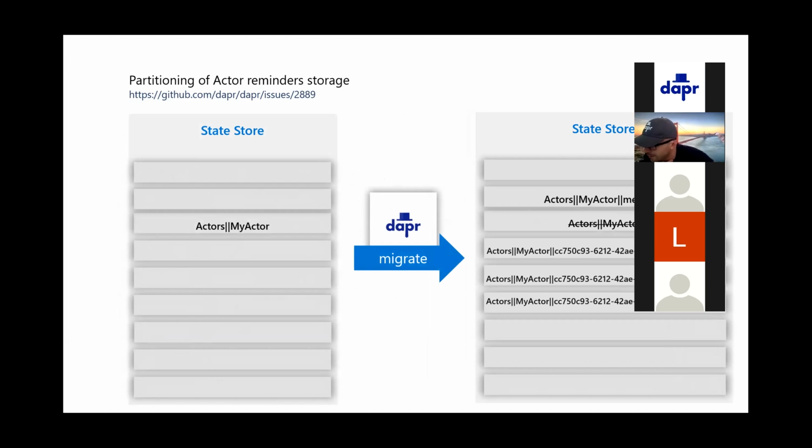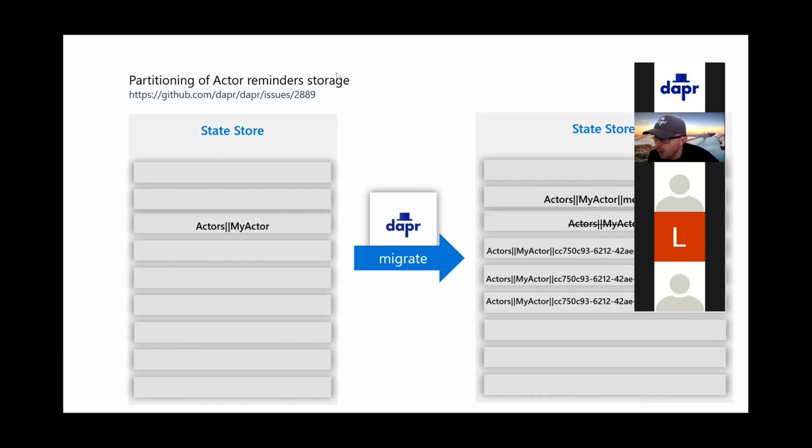So how do we fix that? We implemented in the sidecar for 1.3 a feature that will automatically migrate the existing solution into what I would call a scalable solution. I'm going to go into detail in the next slide, but if you enable this, which is an experimental feature in 1.3, you can get Dapr to automatically split all your reminders across multiple records.